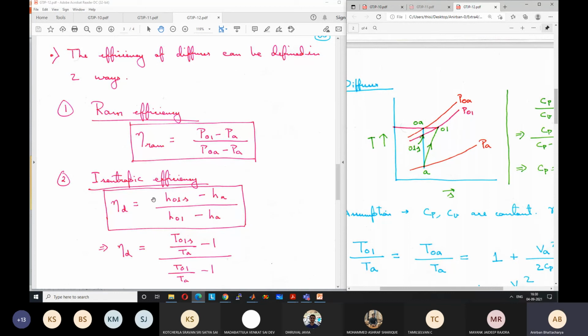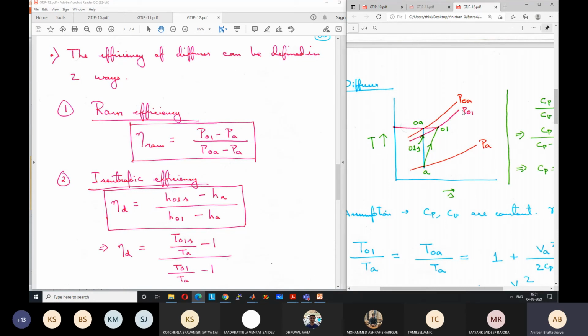So we can define this isentropic efficiency as the rise in enthalpy in that case, H01s minus HA, by the actual rise in enthalpy, H01 minus HA. This is also equal to T01s minus TA by T01 minus TA.